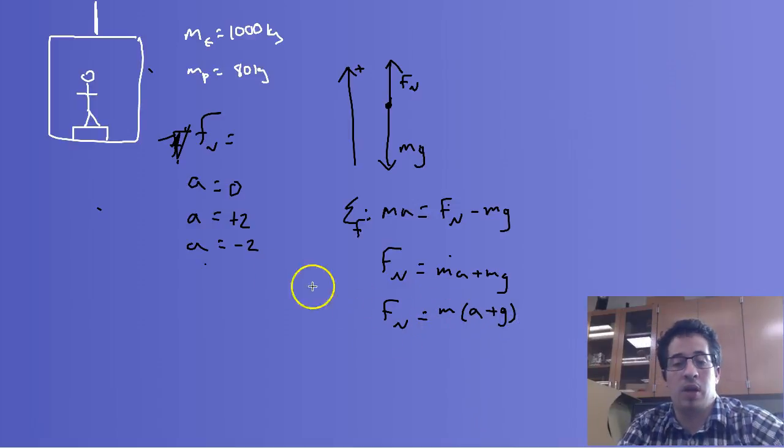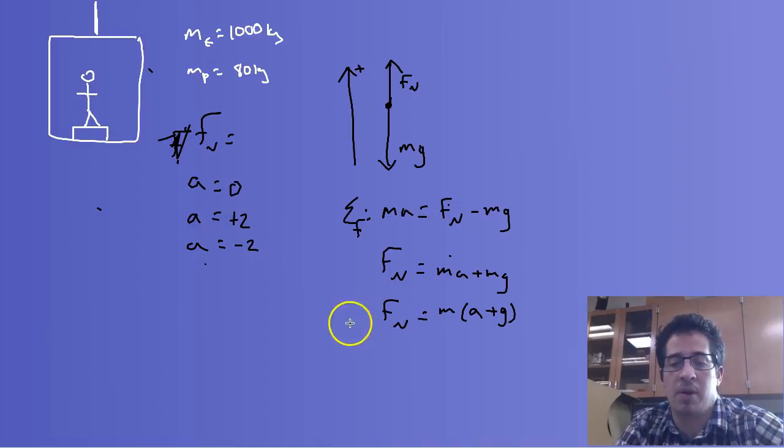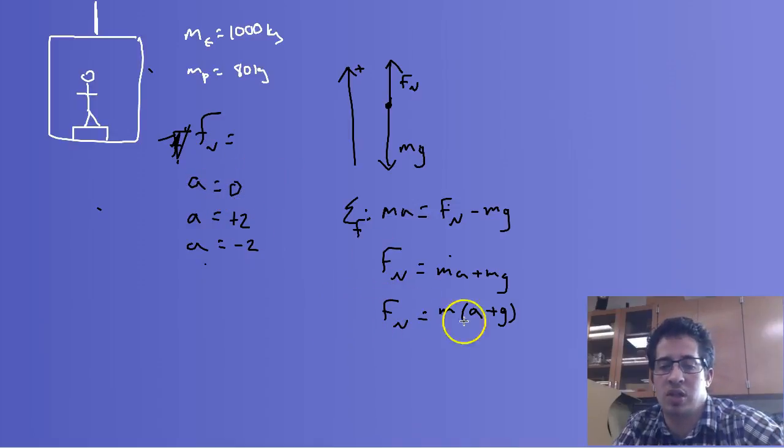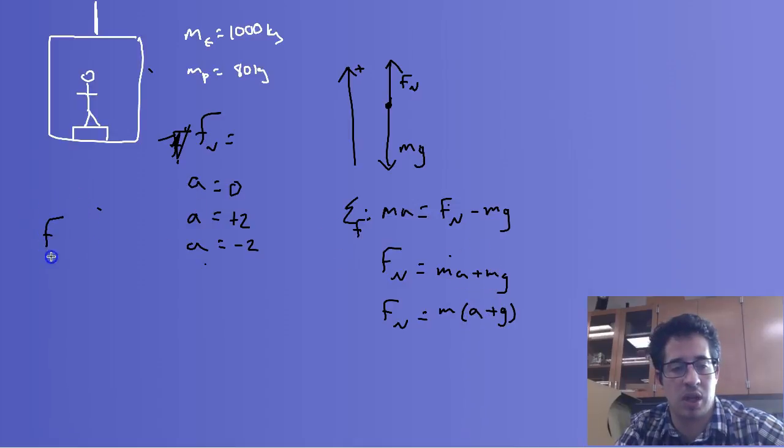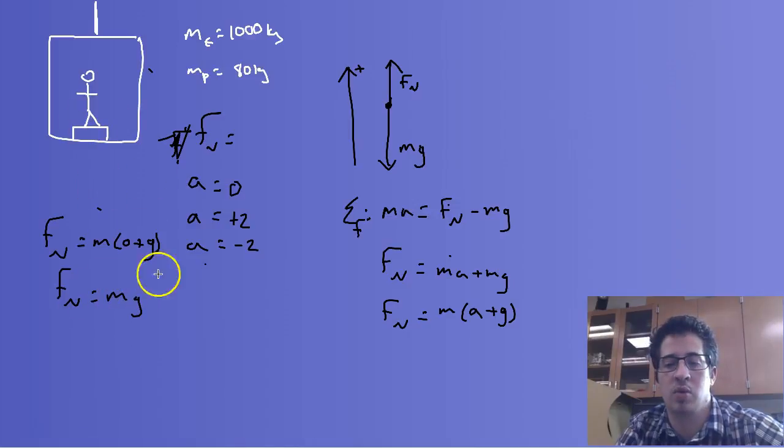Okay, and so now we can plug in these values to think about what would happen. If acceleration is equal to 0, then the normal force would be equal to m times (0 plus g). So if the elevator moves at a constant speed, meaning no acceleration, then the normal force is equal to the weight.